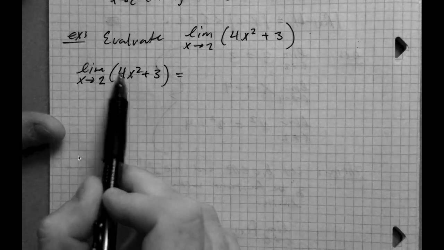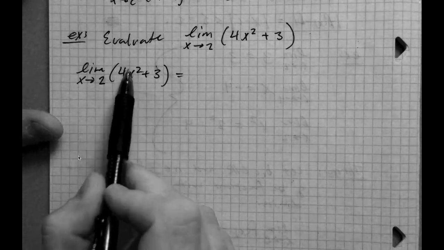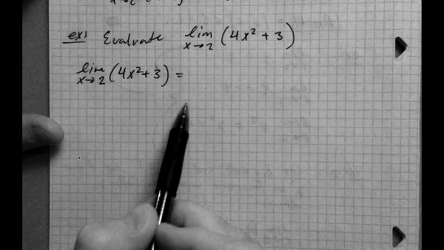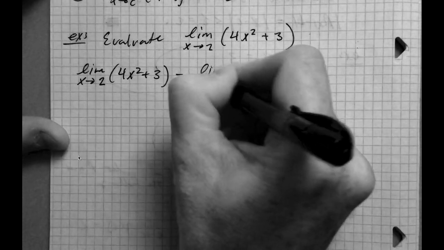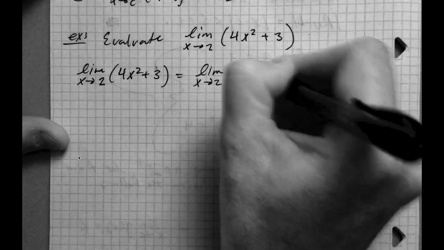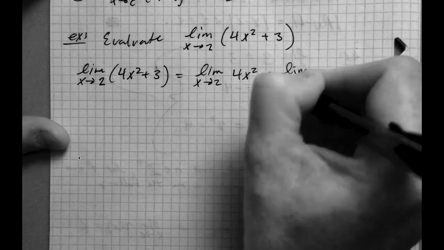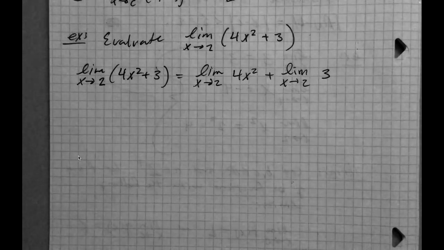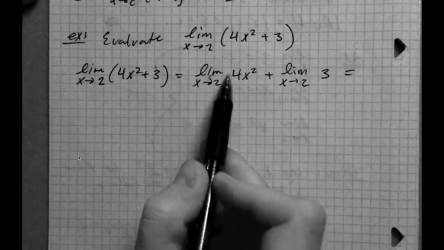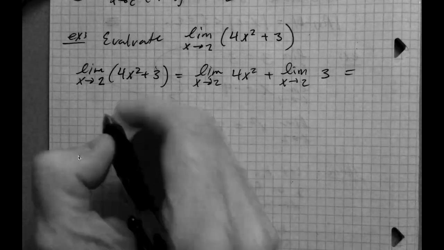We know that there's a definite limit here and a definite limit there, so we can break these two apart. And further, we can break this piece of it apart as well.